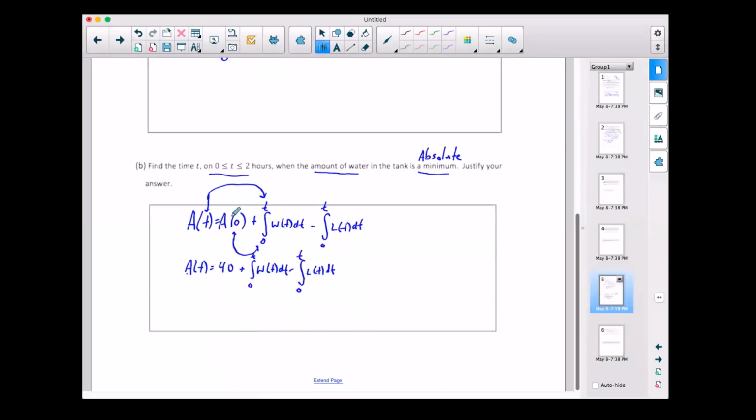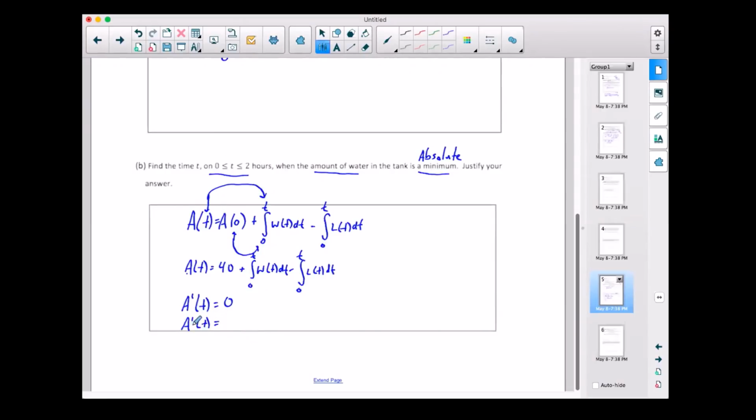So here, we're trying to figure out when the amount of water is a minimum. Well, think about how you find a minimum. We talked about this before, but the way you find a minimum of any function is you set its derivative, A prime of t, equal to 0 first, right? To find anything's minimum, we say A prime has to be 0. So let's find A prime, just like we did last time.